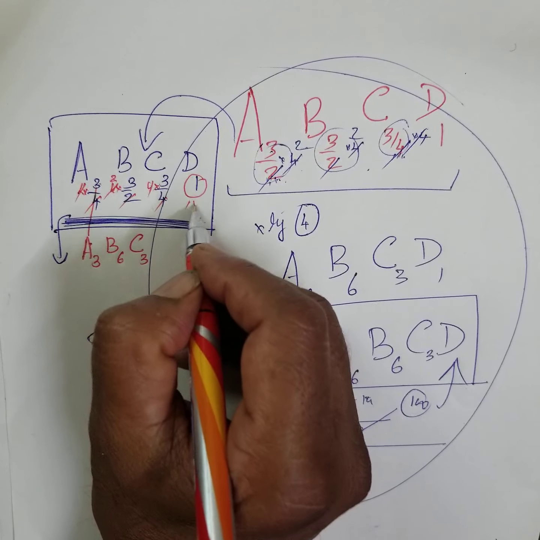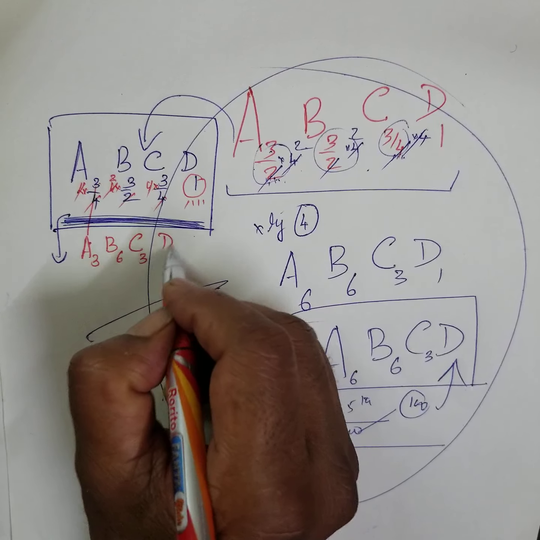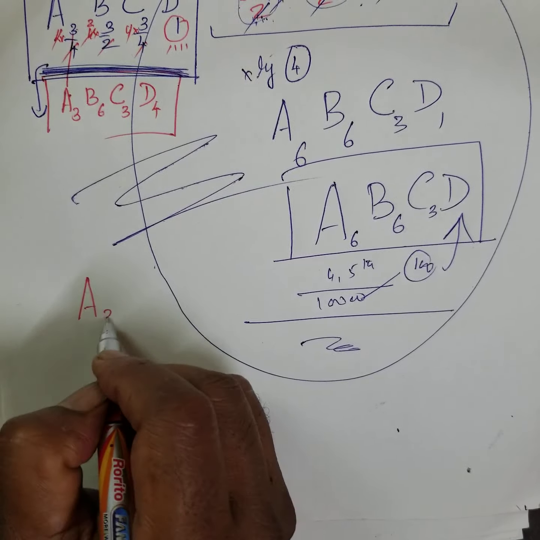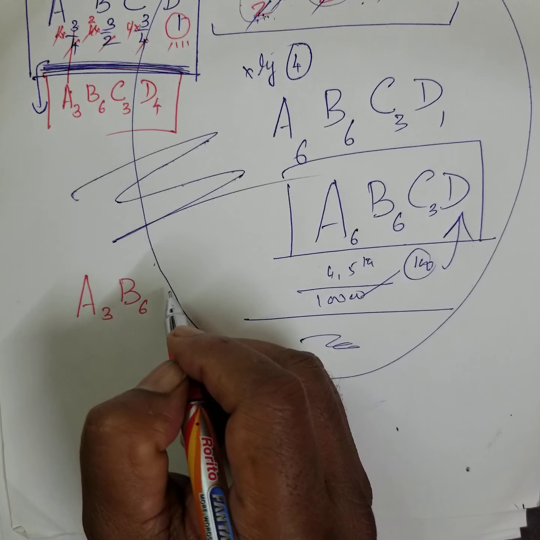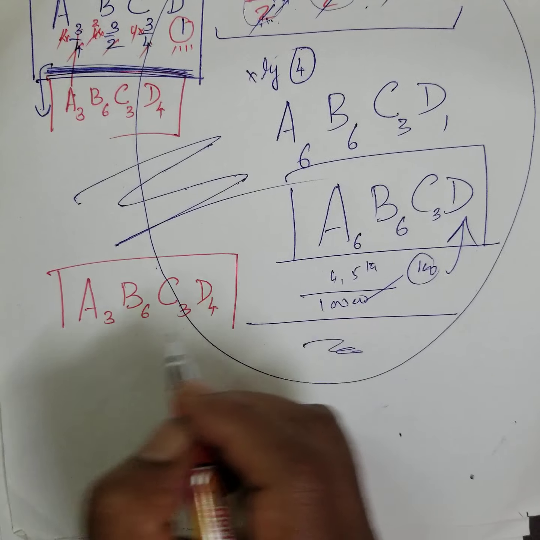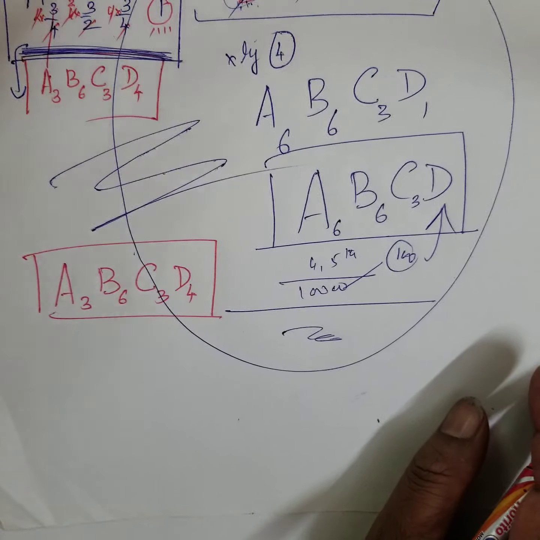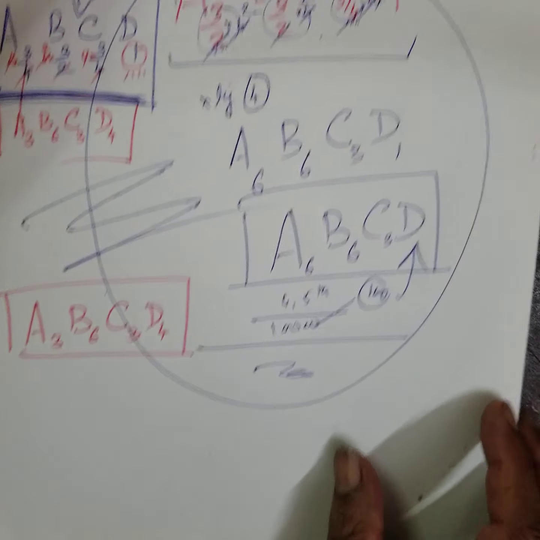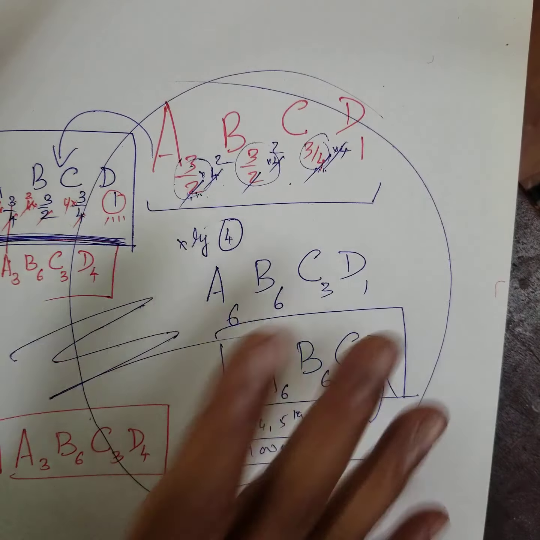Here they forgot to multiply by 4. Therefore D 4. Therefore, what is the molecular formula? A3, B6, C3, D4. This is the molecular formula. Right? Therefore, you have to be very, very careful.